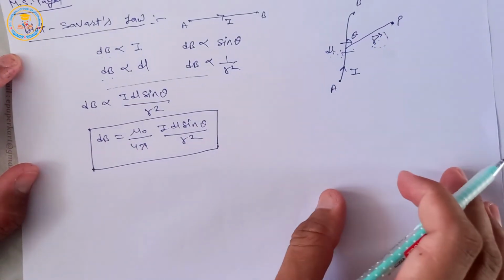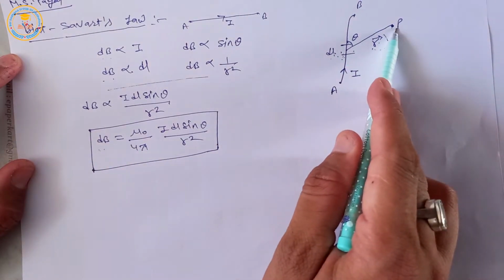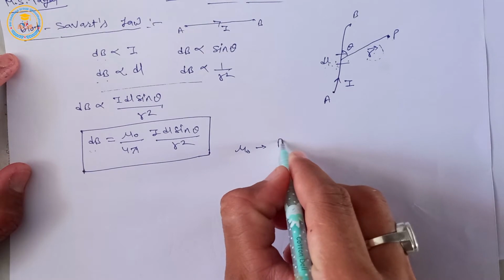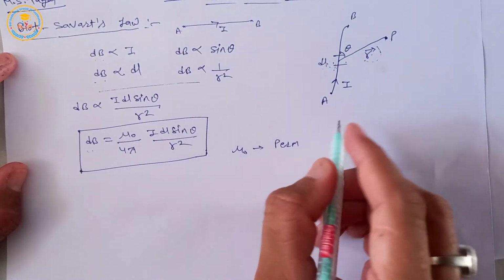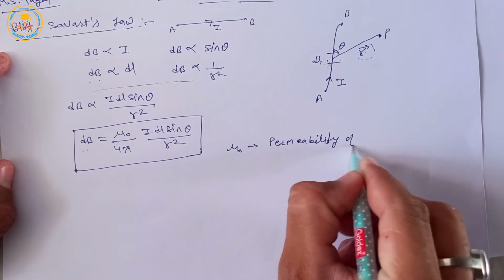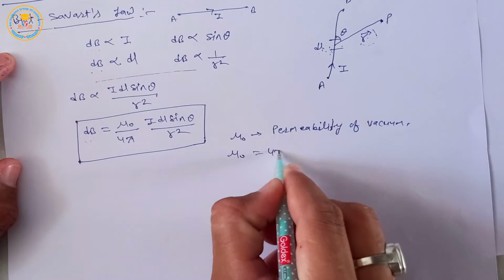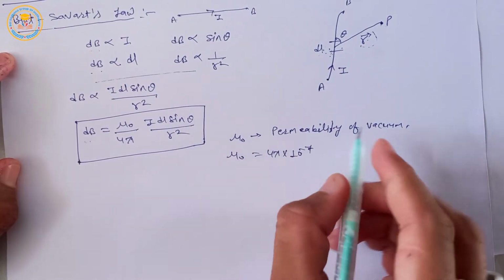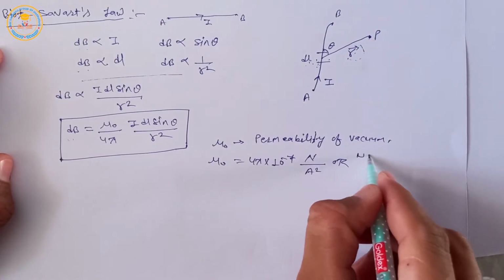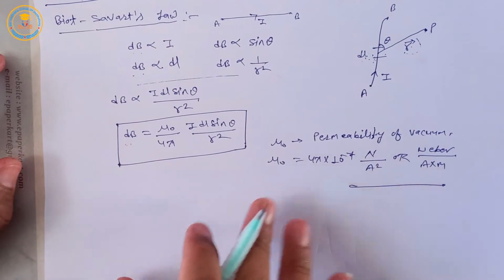This equation represents the intensity of magnetic field due to this line element at point P. Here mu naught is the permeability of a vacuum, and its value is 4 pi into 10 to the power minus 7 Newton per ampere square, or we can write it as Weber per ampere meter. This is the Biot-Savart law.